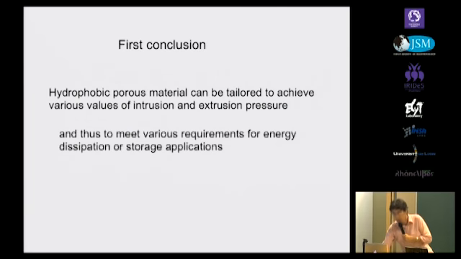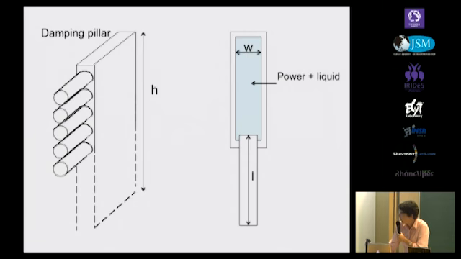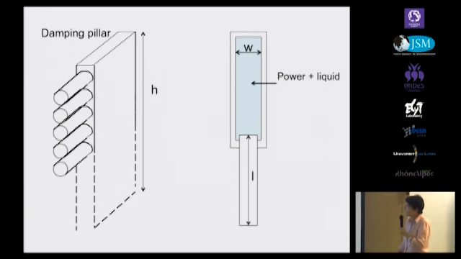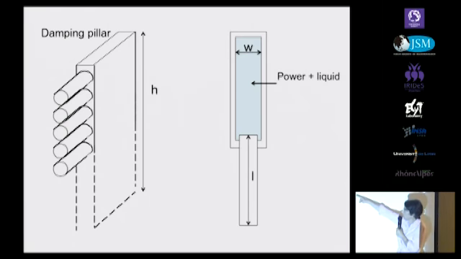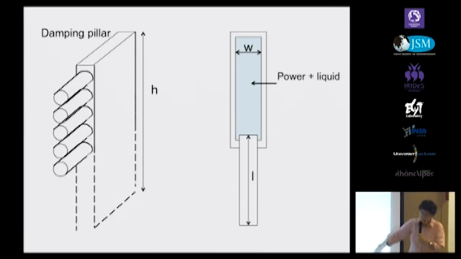So how could we use those materials for tsunami energy dissipation? So we want to use the pressure-volume cycle and dissipate energy with this process, and we could think of damping pillars, which would be hollow structures hosting the liquid and the powder, and equipped with pistons over all their height.